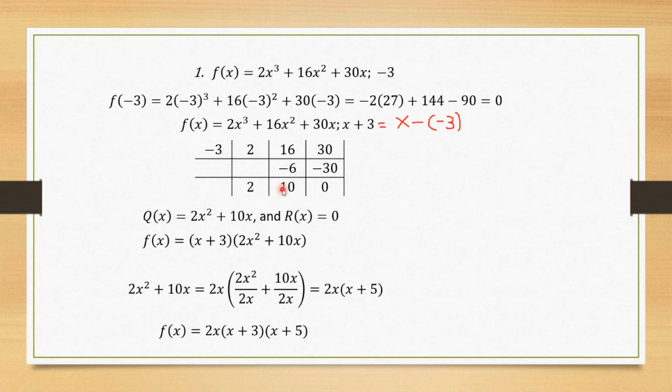Minus 3 times 10, minus 30. 30 plus minus 30, 0.